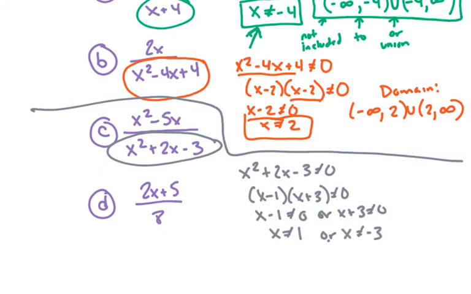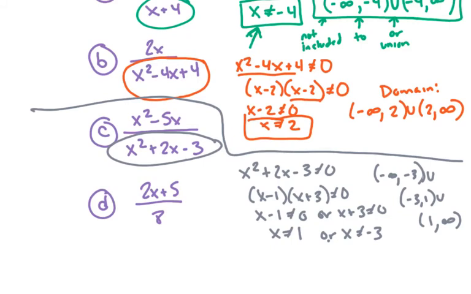And if I was going to write this in interval notation, I would say negative infinity to negative 3 would be my first interval, from least to greatest. Then negative 3 to 1. I forgot my union symbol. Sorry. Sometimes I get sloppy. And then 1 to infinity. So this time it got broken up in 2 places, at negative 3 and also at 1.